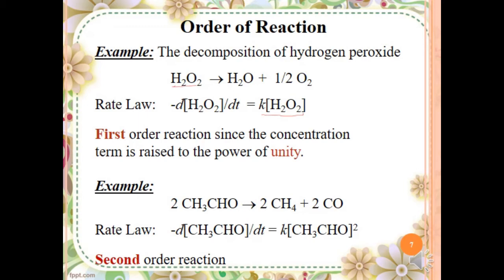Another example here is acetaldehyde. The rate law here is based on acetaldehyde, and this is second order. Coincidentally, this is the same as the stoichiometric number, but it does not come from this. So this is deduced from experiment.